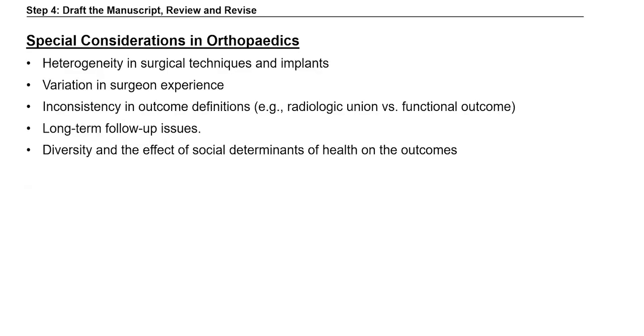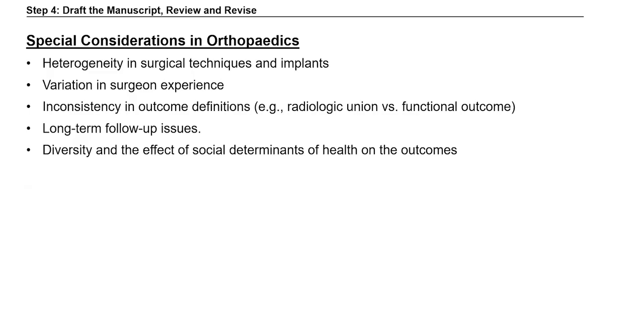Some special considerations for orthopedic researchers. As we talked about, heterogeneity in surgical techniques and implants is a part of orthopedic research, so authors should always consider them when interpreting the outcomes. Variation in surgeons' experiences.